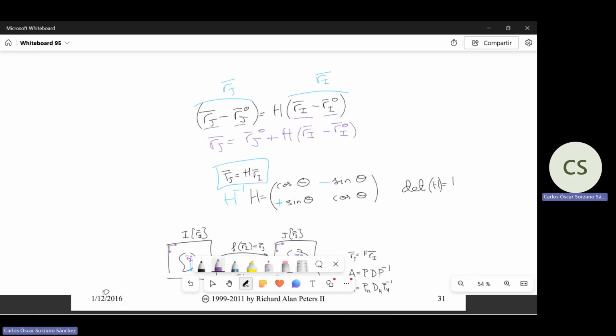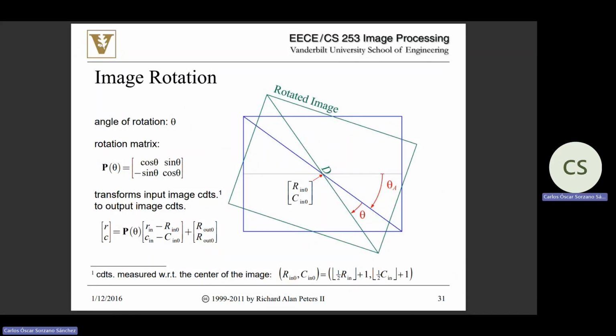And this is the equation that is in the slide. In the slide, you recognize this kind of pattern. It is the coordinate center in the output image, and then the input coordinate that has been subtracted the mean or the origin of rotation. And this is the rotation matrix.